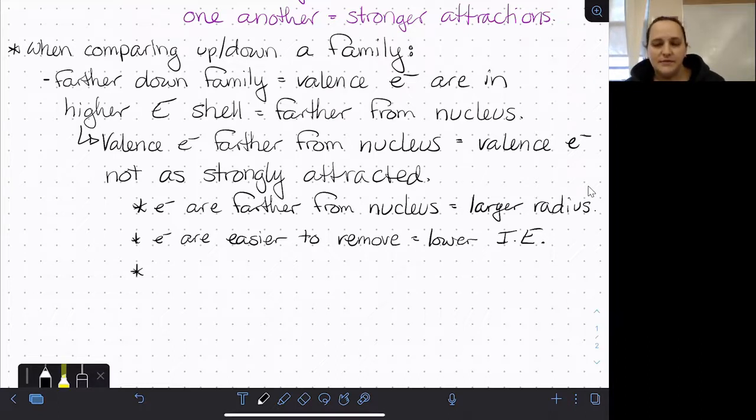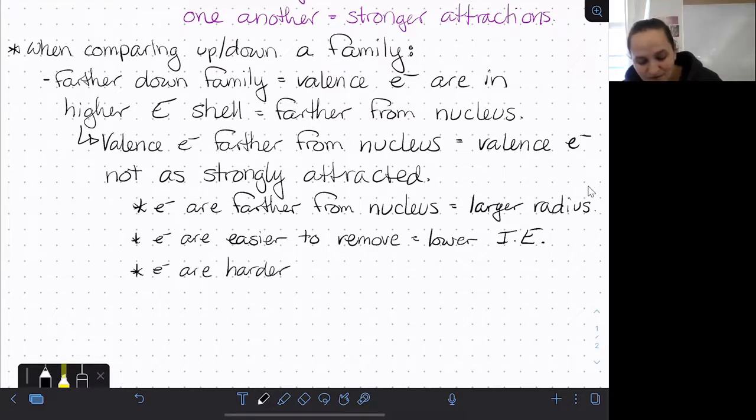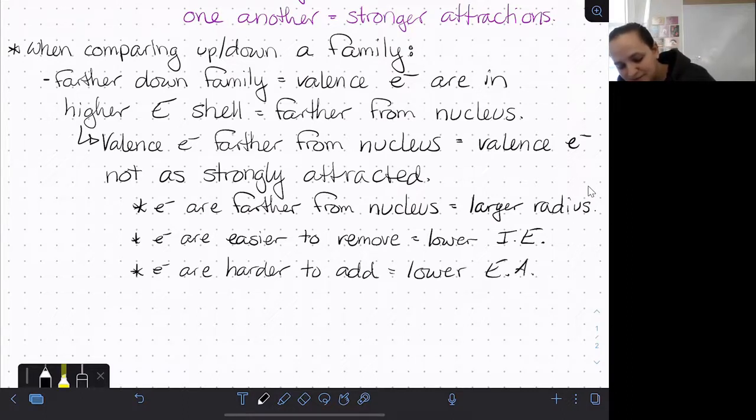If the nucleus is not very attracted to the electrons it already has, it's not going to be very attracted to any additional ones that you may add. Meaning it doesn't have a very high affinity for electrons, so it's going to have a lower electron affinity.